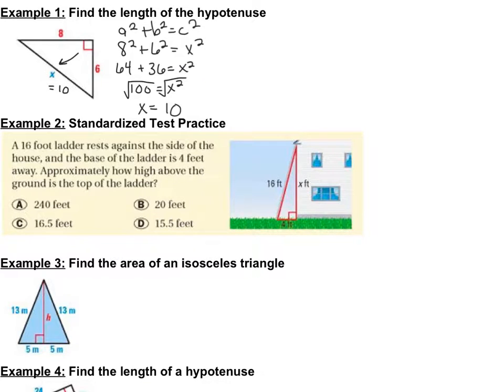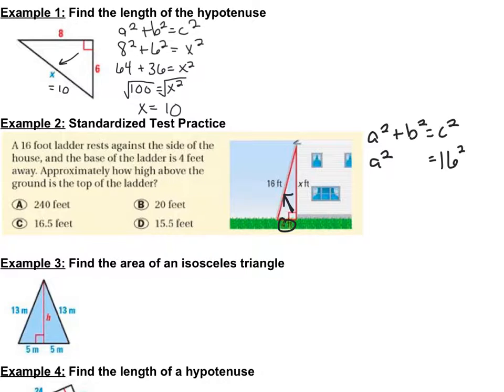Just a few things to look at here. Again, going across from the right angle, that is our hypotenuse. So again, we have a squared plus b squared equals c squared. We know c is 16, and we know one of the legs is 4. It doesn't matter which one you choose to use.